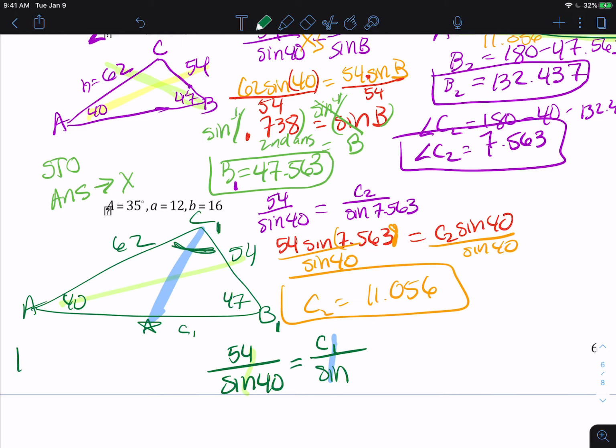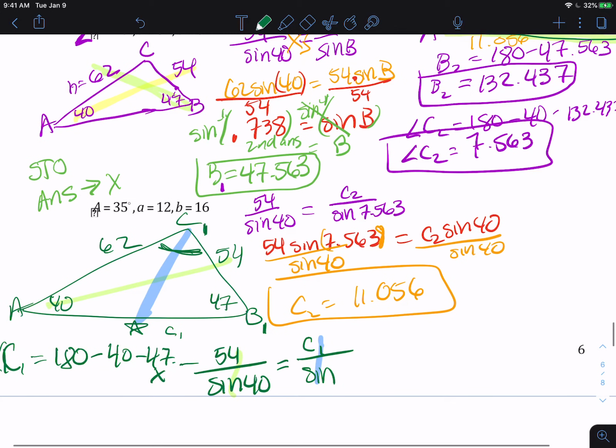So let's find angle C1 first. So 180 minus the 40 minus the 47 point whatever, which is sitting in our calculator as x. So 180, that's why we store it, so that we don't get a rounding error on one of our triangles. So minus the x. So that gives us that C1 is 92.437.